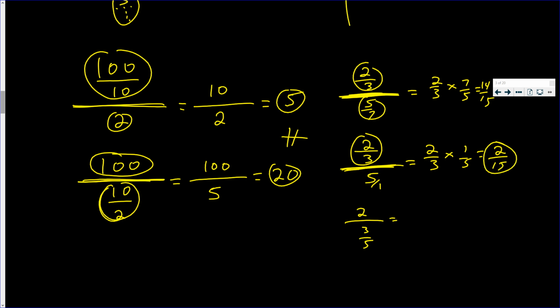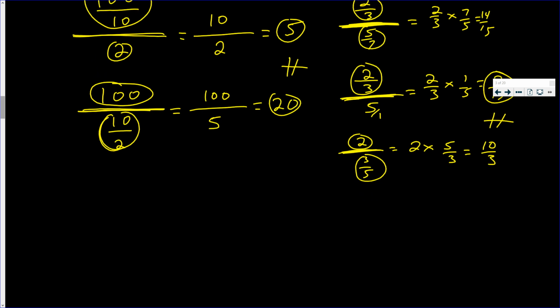Over here, that's the main division line. We keep it, we change division to multiplication, and we flip over the second number, and we get 10/3. They're not equal. They're not equal.